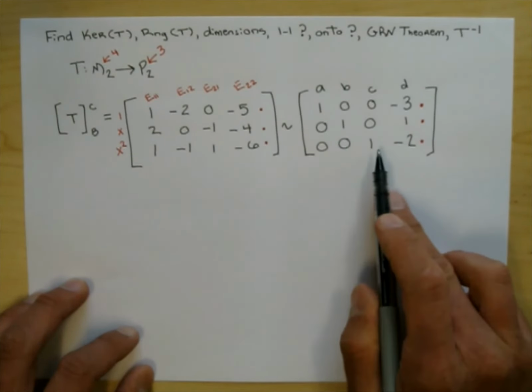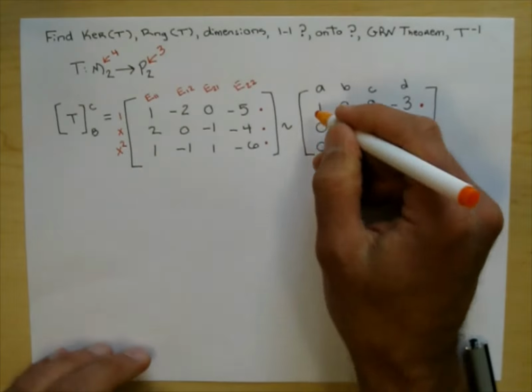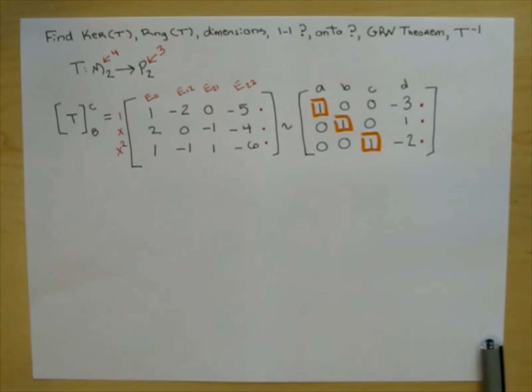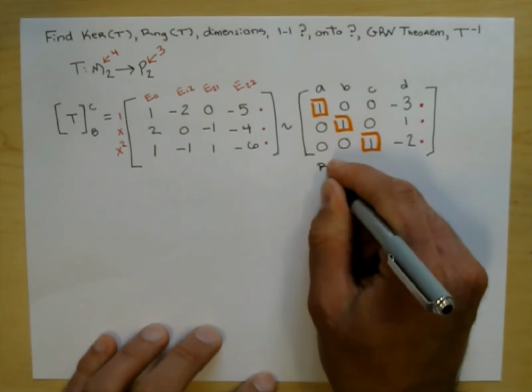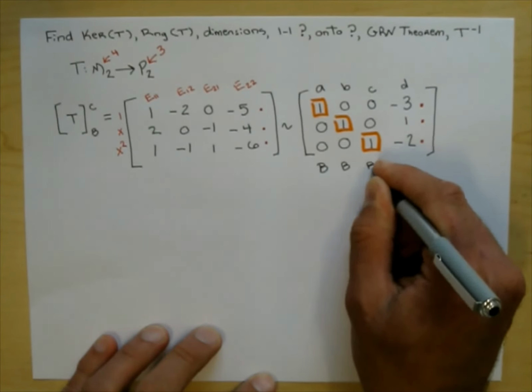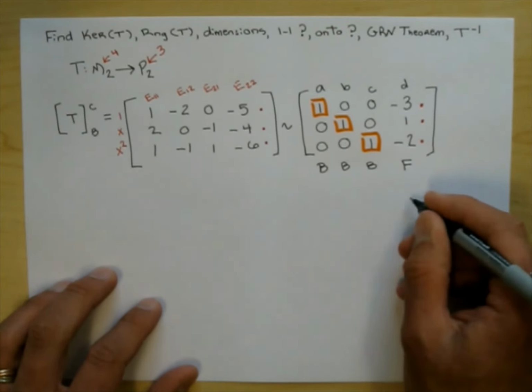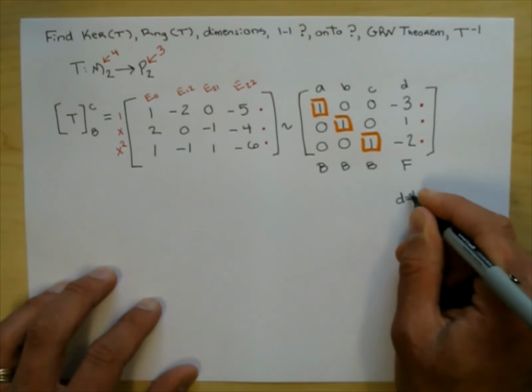Okay, A, B, and C are all bound, and D is free. So if D is free, we'll say that D is T.